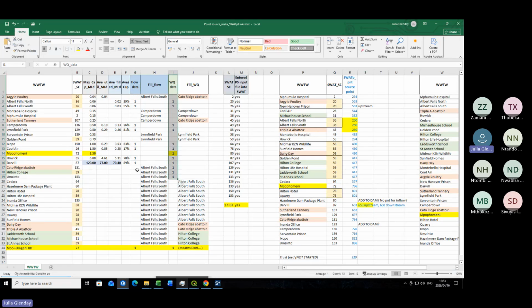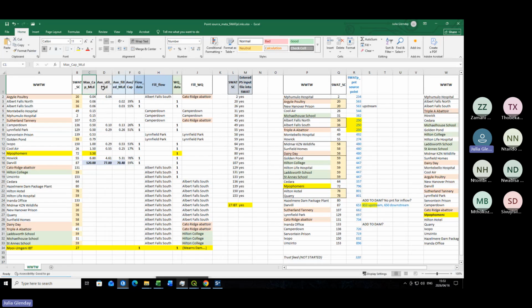And then for some of them, there wasn't flow or water quality data. There was some information on maximum capacity and average megaliters per day that I got from reports.